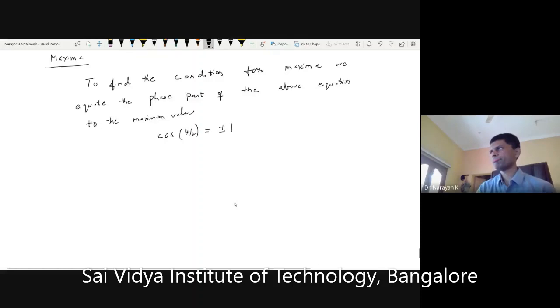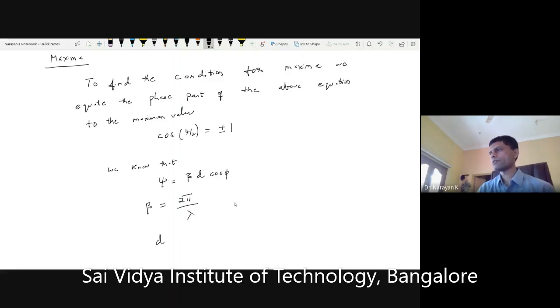We know that psi is equal to beta d cos phi, where beta is the propagation constant given as 2 pi by lambda.